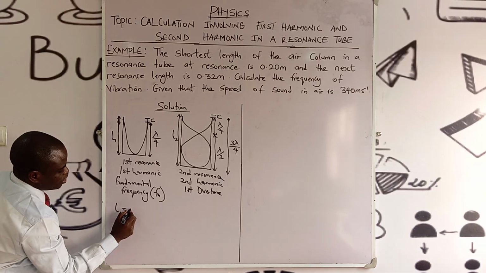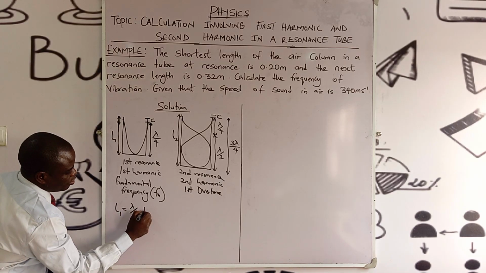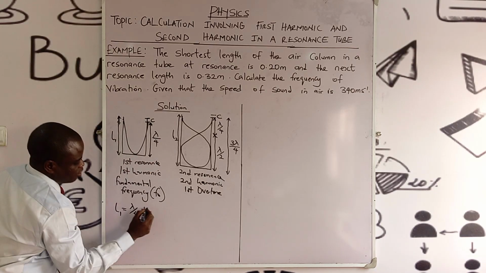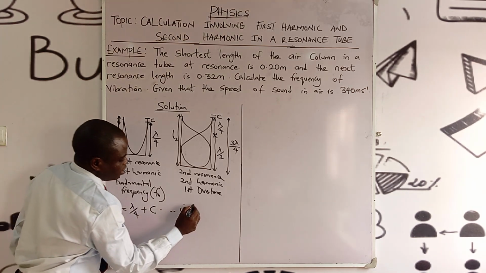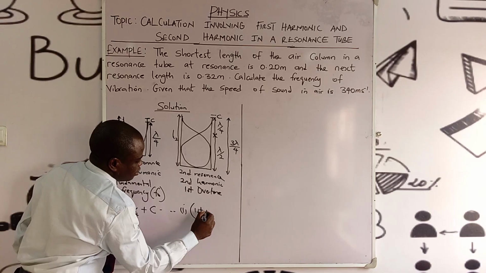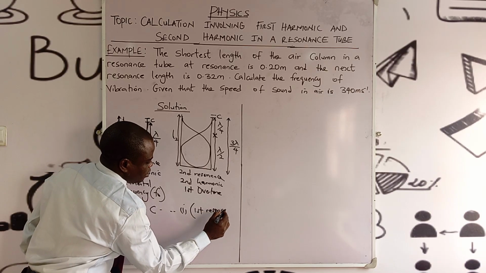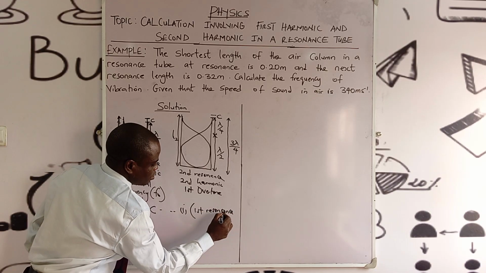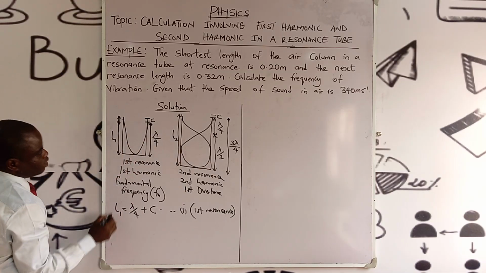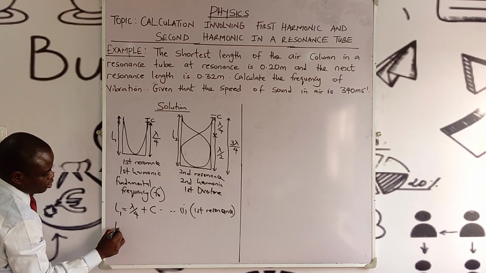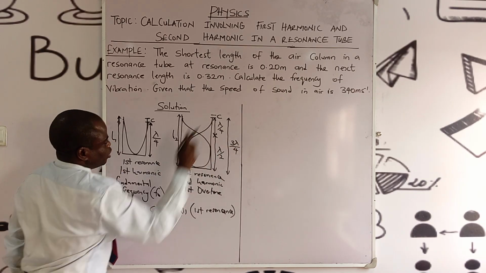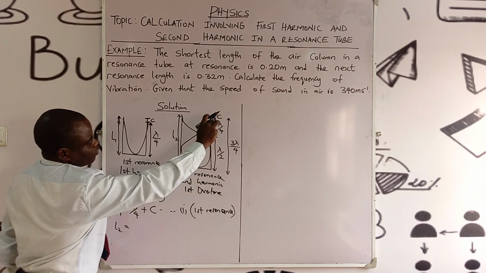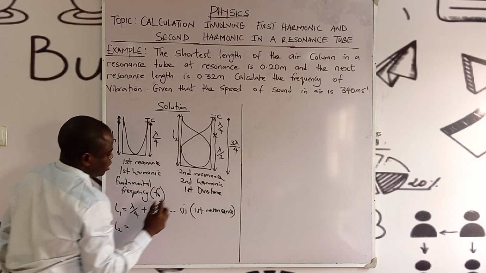Now L1 equals lambda over 4 plus end correction, which is C. Let's call that equation 1. That is the first resonance. Now, the second one, L2 equals 3 lambda over 4 plus C. You can see the complete length involves the end correction and 3 lambda over 4.